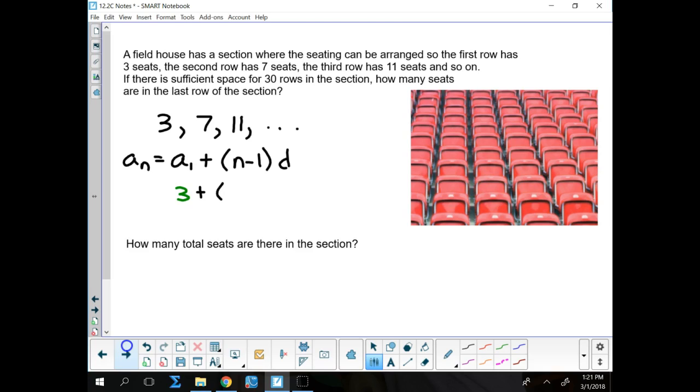What is it? 30. Because I want to find the number of seats in the 30th row. What's my common difference? 4. Right?